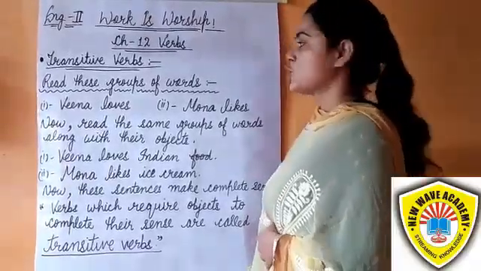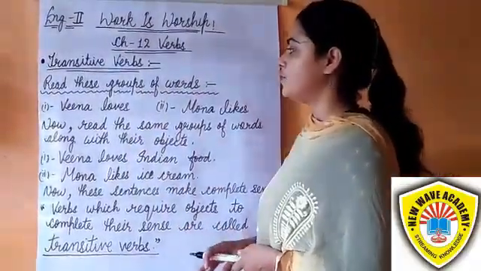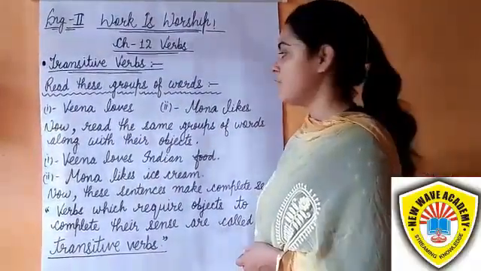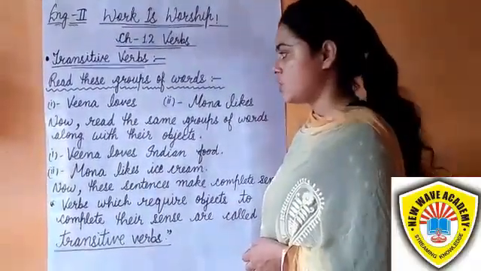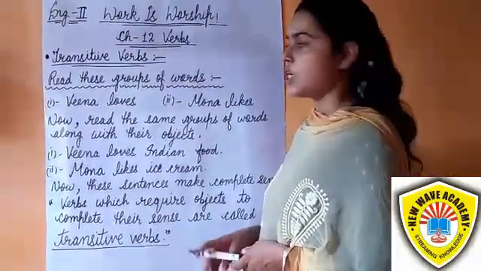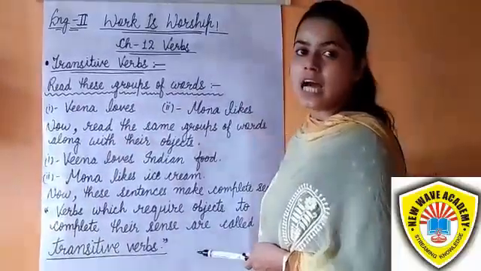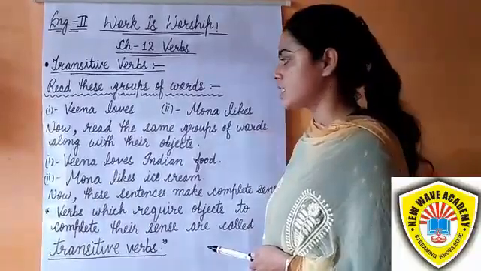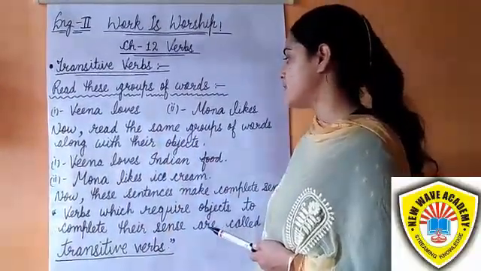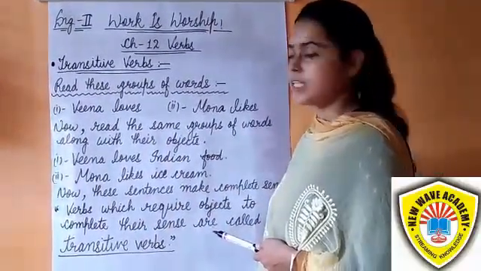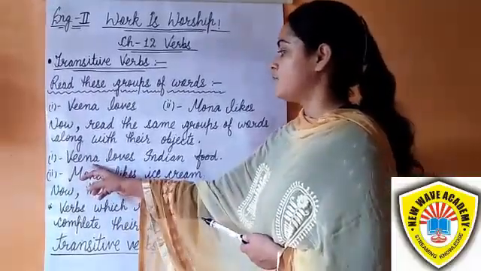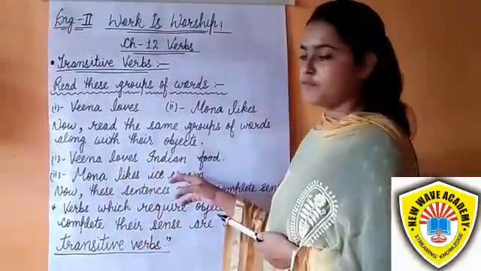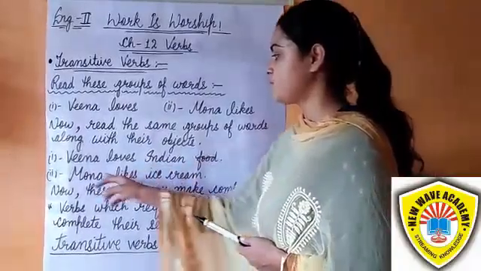Transitive verbs. Read these groups of words: Reena loves, Mona likes. Students, these are not sentences. These are incomplete because they require an object to complete their sense. Now read the same groups of words along with their objects. Reena loves Indian food. Indian food is the object here.